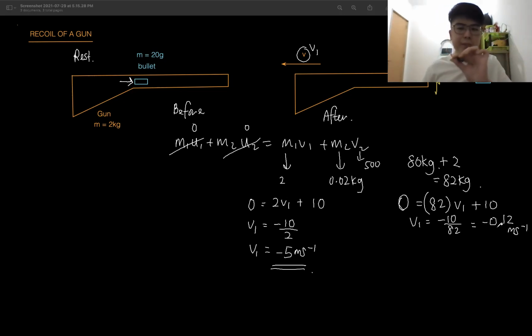From negative 5 meters per second, I have decreased it down to negative 0.12, which is now a very small velocity. Just by doing one simple action. Press the gun against your chest and hold it as tight as you can. You can minimize the recoil velocity based on what? The principle of conservation of momentum. Okay, so that is one application of the conservation of momentum in real life.